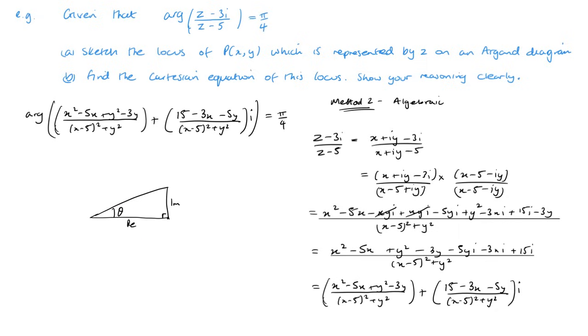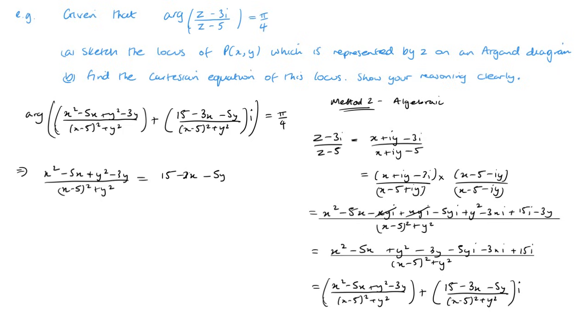So I can now say, therefore, (x squared minus 5x plus y squared minus 3y) over ((x minus 5) squared plus y squared) equals (15 minus 3x minus 5y) over ((x minus 5) squared plus y squared).